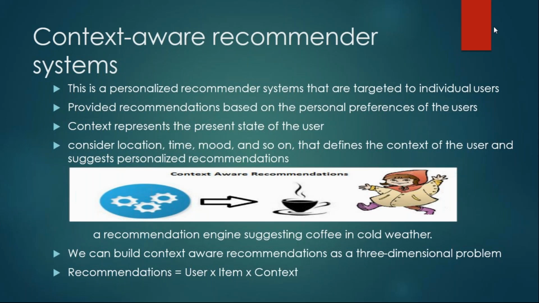This is an example of context-aware. The recommendation is built on user, item, and context, whereas content-based and collaborative recommendation is based on user and item. You will understand when we move to the next slide.